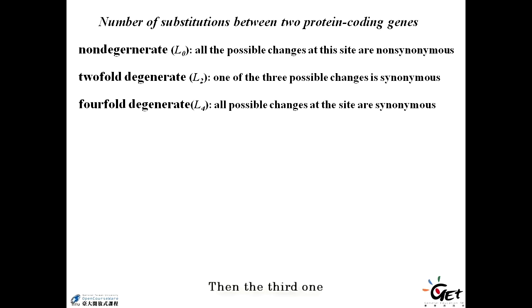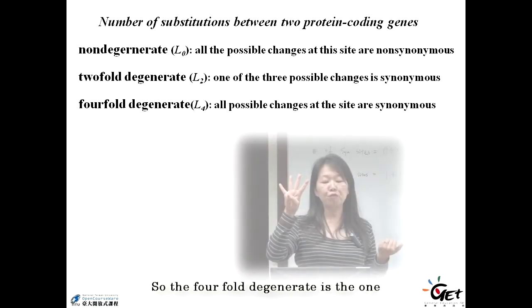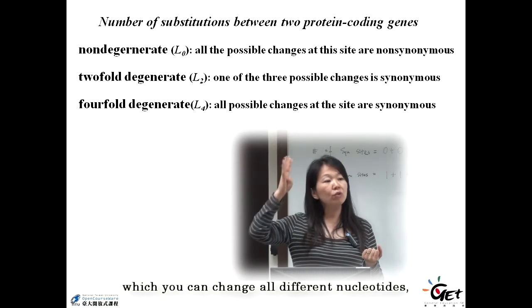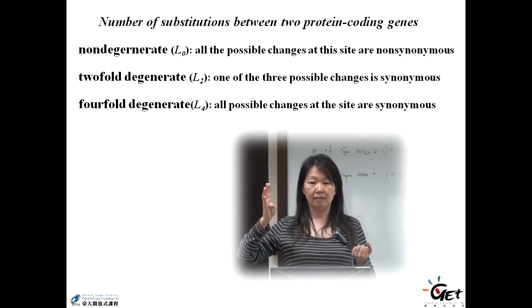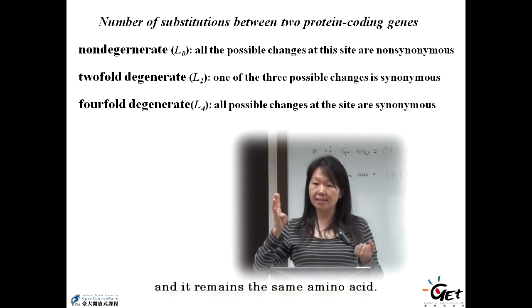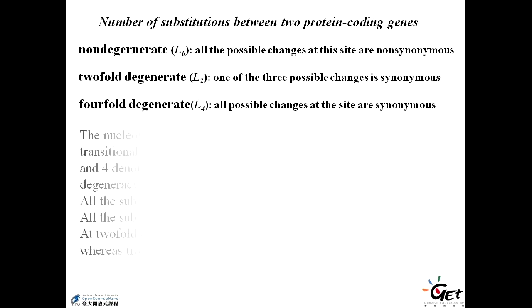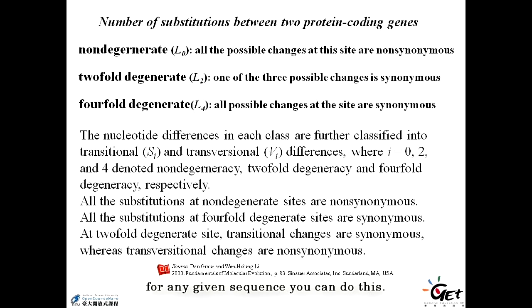And then the third one is the 4-fold degenerate. The 4-fold degenerate site is one where you can change to all different nucleotides, right? And they remain the same amino acid. So that's the 4-fold degenerate. For any given sequence, you can do the 3.